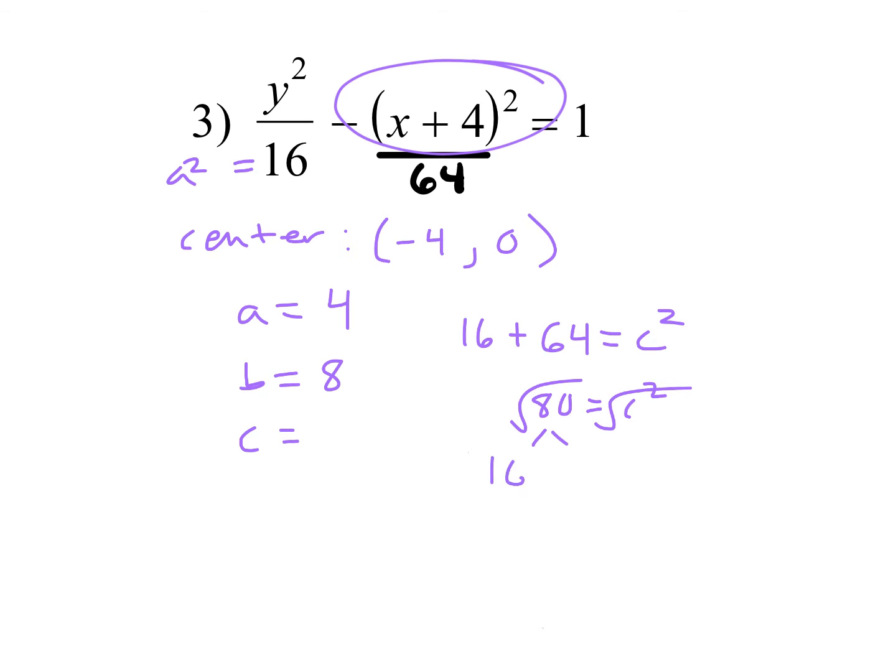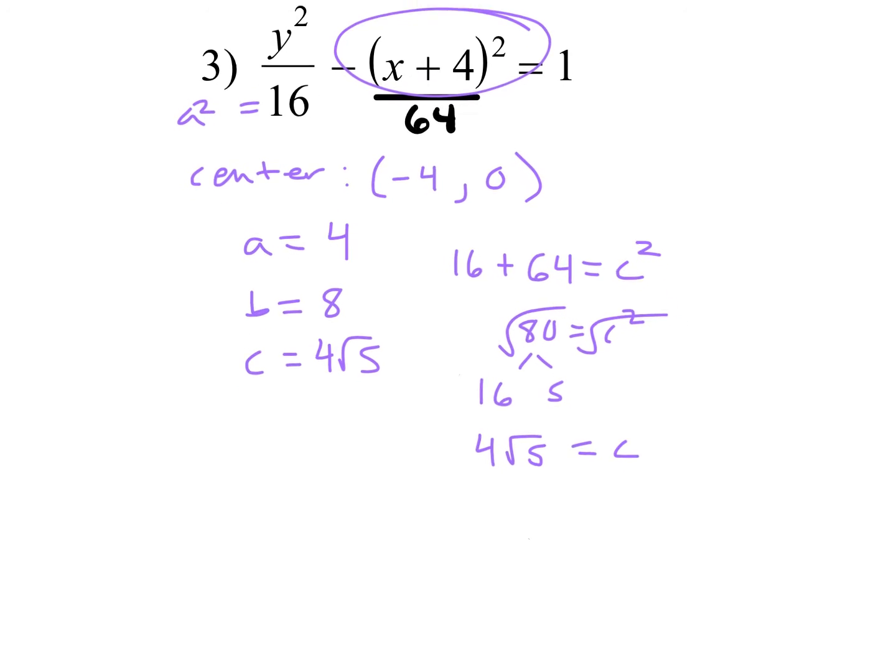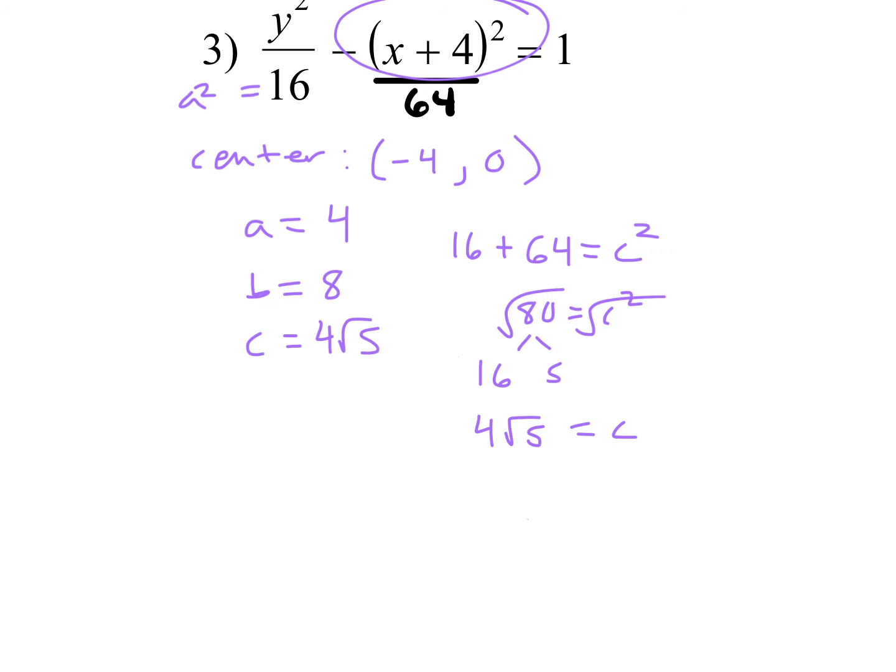Yeah, 16 goes into 80, right? How many times? 5 times. So this would be 4 square root 5. Alright, once I get my a, b, and c, I can figure out my vertices and my foci.